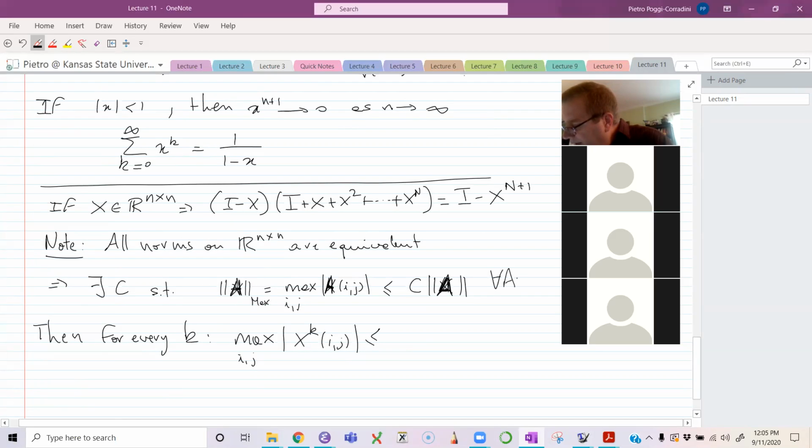This is true for every A. Right? So I can apply this with the same constant C to any power of X and get that. Does that make sense?